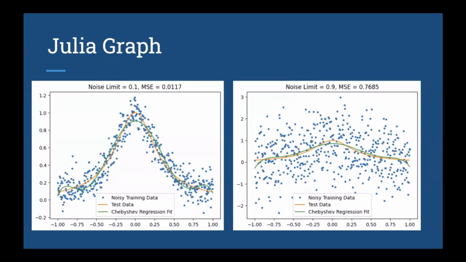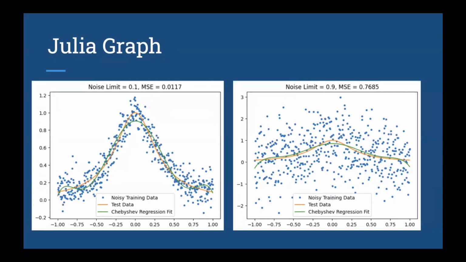And now going to the Julia graphs. So on the screen right now, you can see the linear regression models that we created in Julia. And on the left, you can see the noise limit of 0.1. Both of the regression comparisons had the same noise limits, so 0.1 and 0.9.